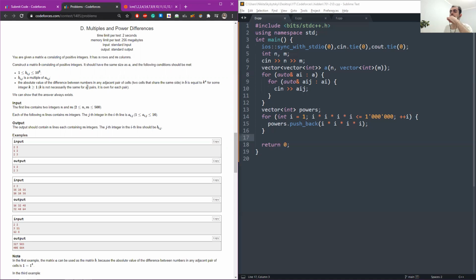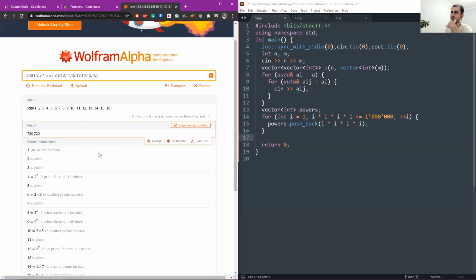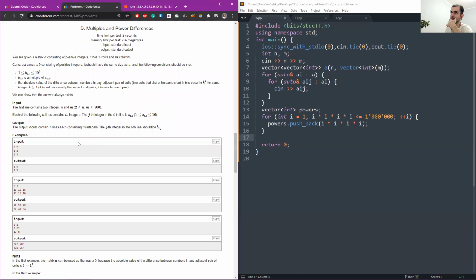And K should be at least 1, and it's not clear from here. This number clearly would result in all zeros, which is not really interesting. All zero difference.